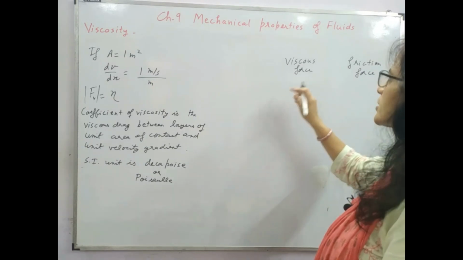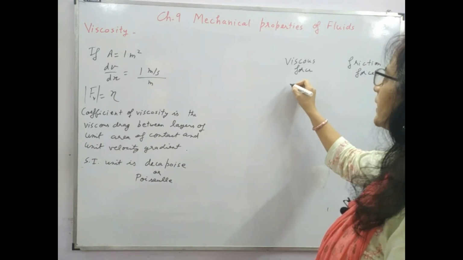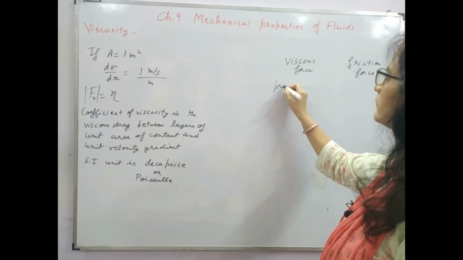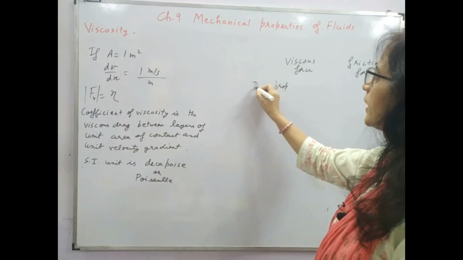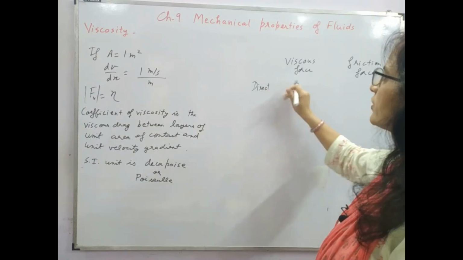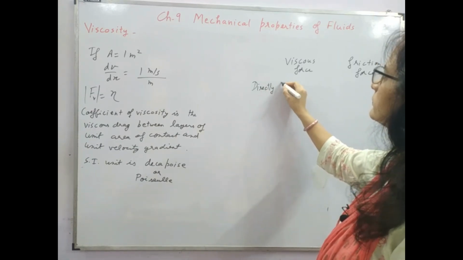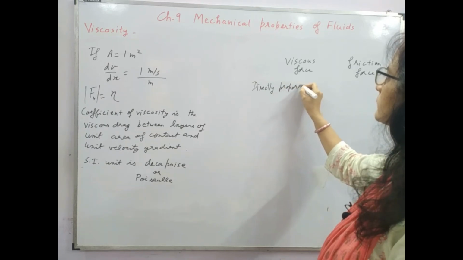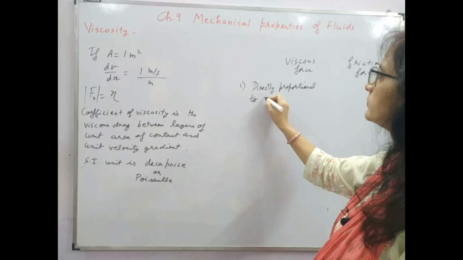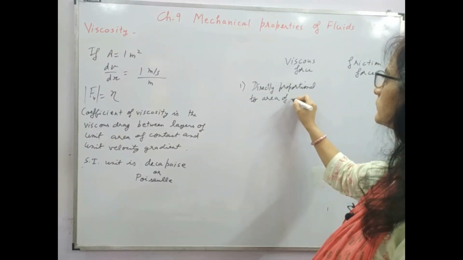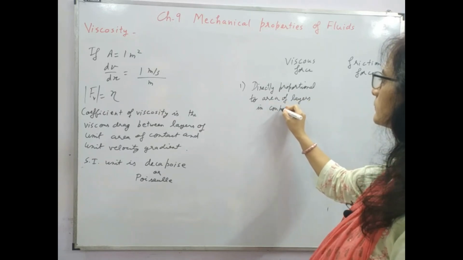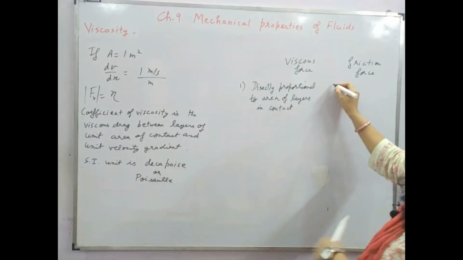So viscous force is directly proportional to the area of the layers of the liquid in contact. Friction force does not depend on area.